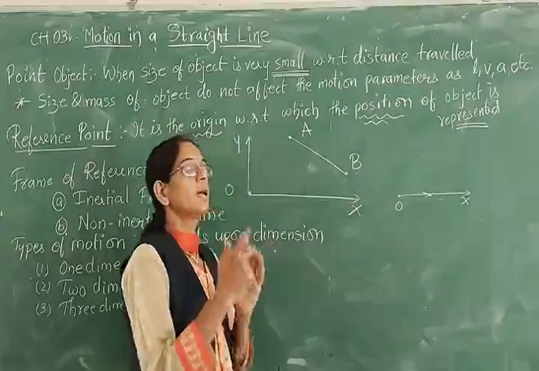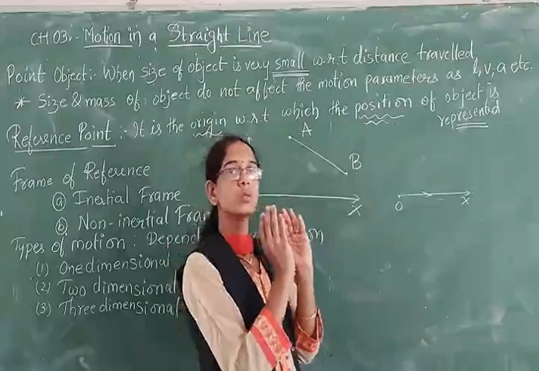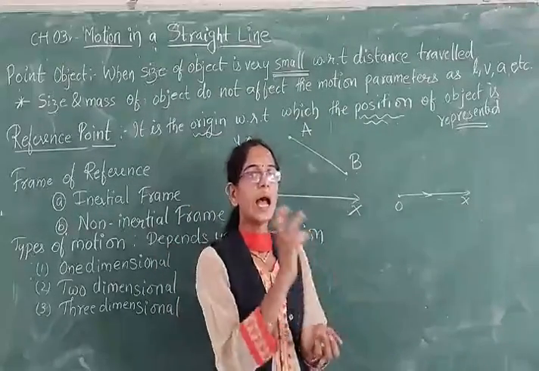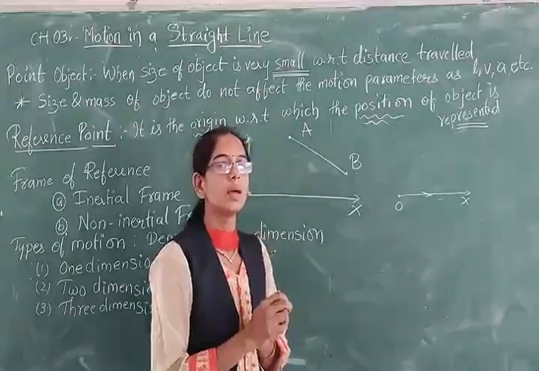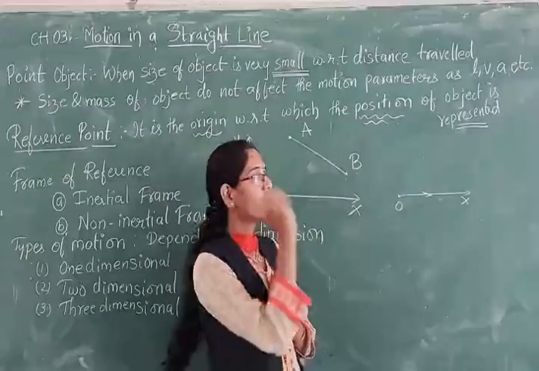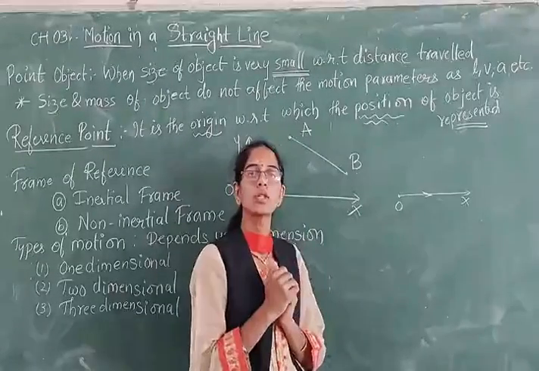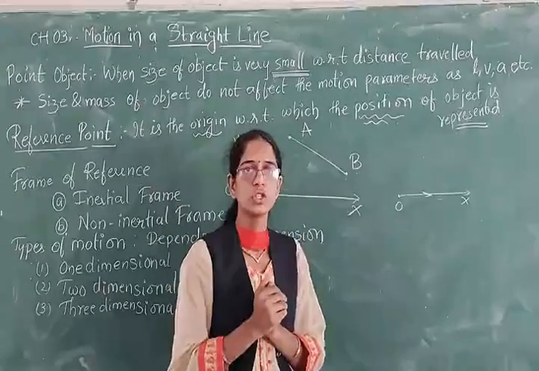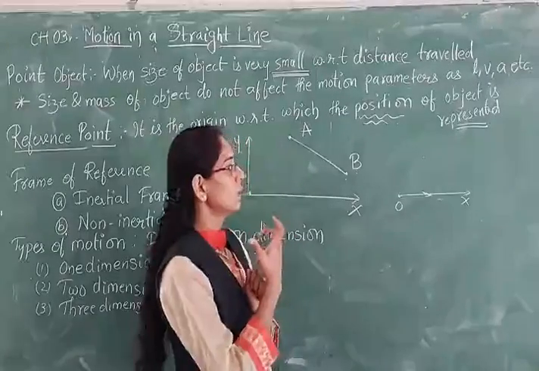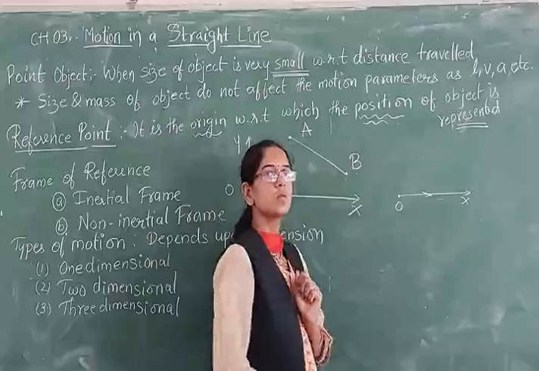So for that, let us think that we are in a train which is moving. I have a ball in my hand. I throw that ball with certain speed. It will go and hit the wall. The train is moving with some constant velocity. Its velocity is not changing. So I know the particular speed with which the object is moving.